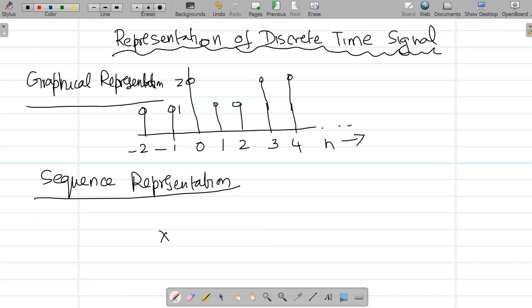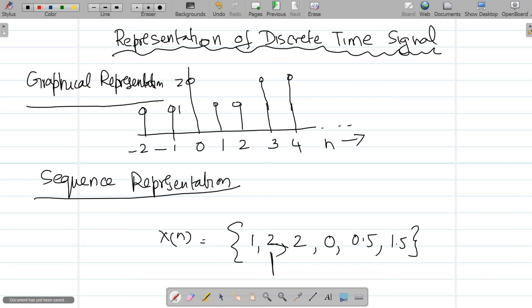So x of n is equal to, I can write it like this, 2, 3, 2, 0, then 1.5. Usually you will find an arrow like this.